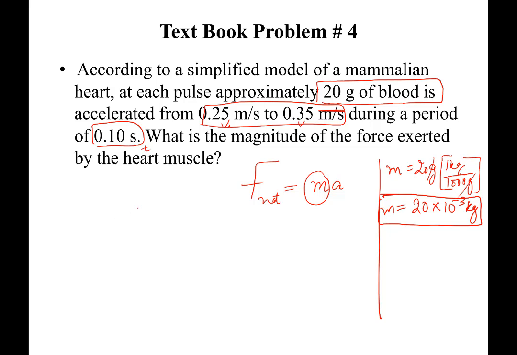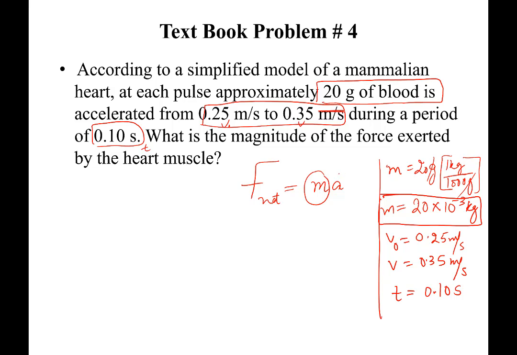But one thing he's giving us is initial velocity, 0.25 meters per second. Final velocity, 0.35 meters per second, and time during which this entire process is happening is 0.10 seconds.